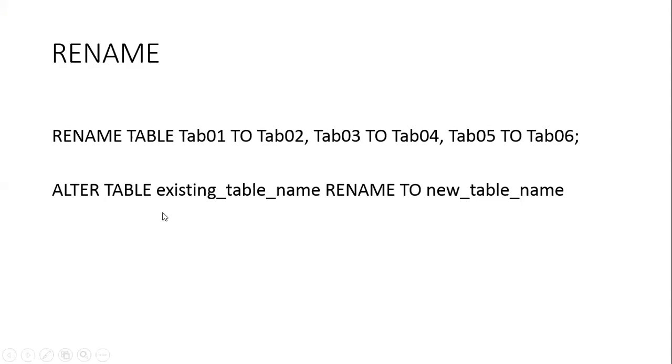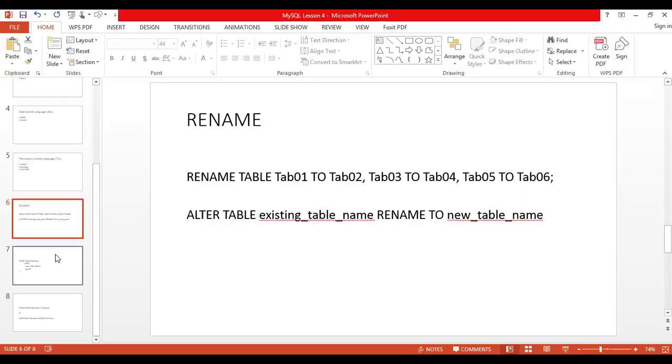Or you use the alter statement. You can say rename table, the former name to the new name, or you say alter table, the existing name, rename to the new name. Am I communicating?